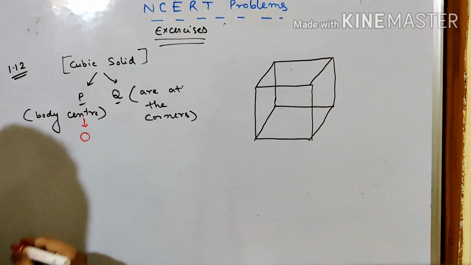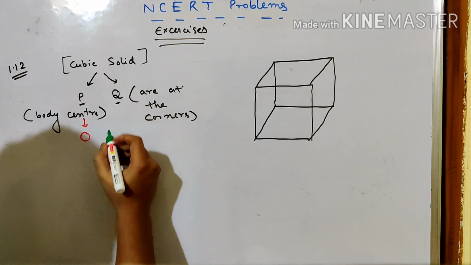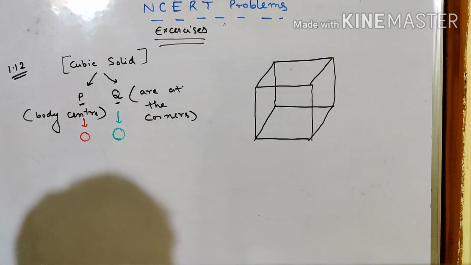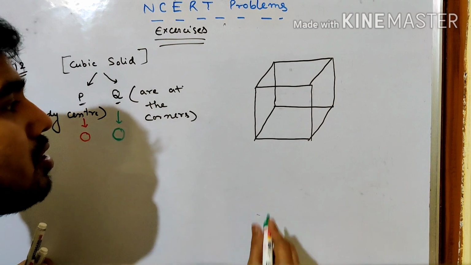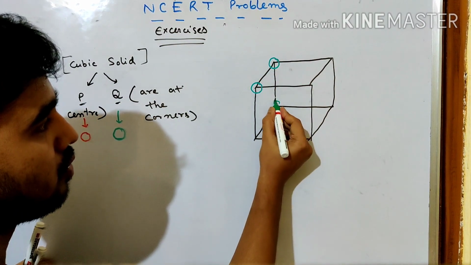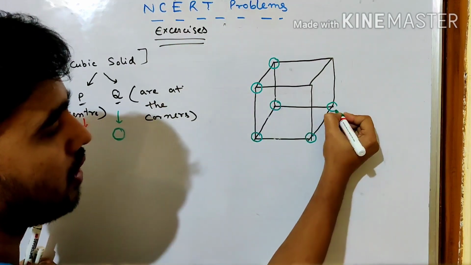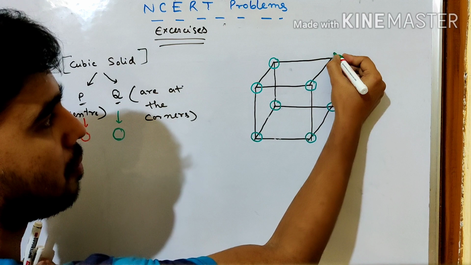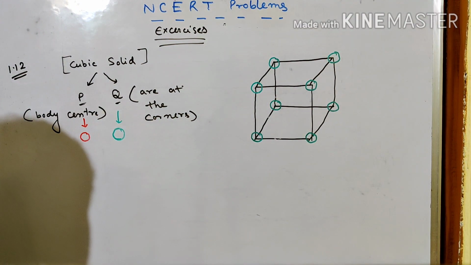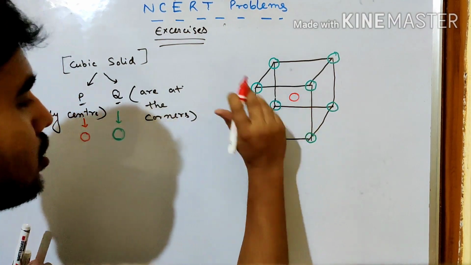P is red and Q is green. So all the Q atoms are present at the corners. So these are the corners where Q is present. I hope the color will let you know which one it is. And P atom is present at the body center, which I have demonstrated as red. So this is the scenario.